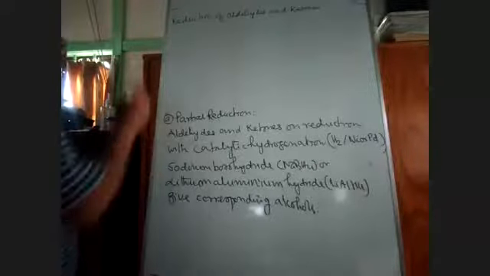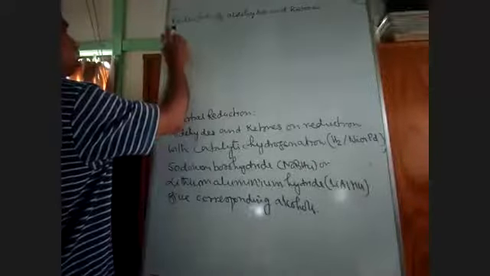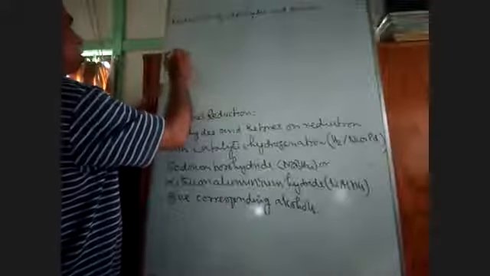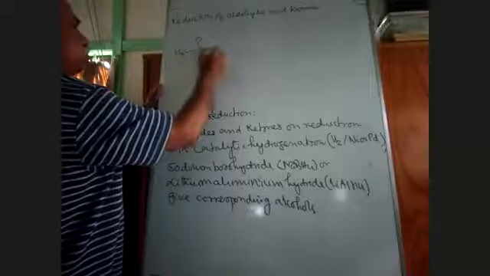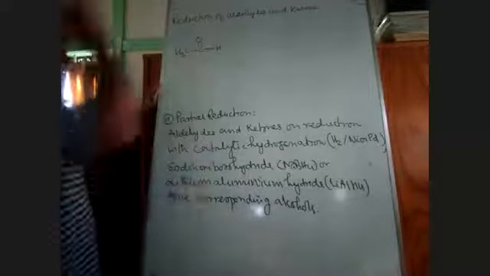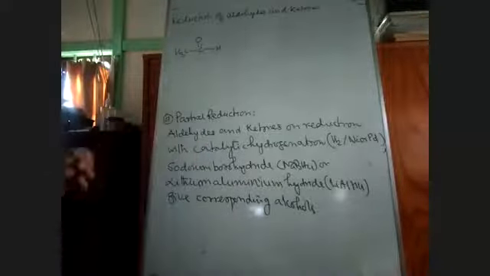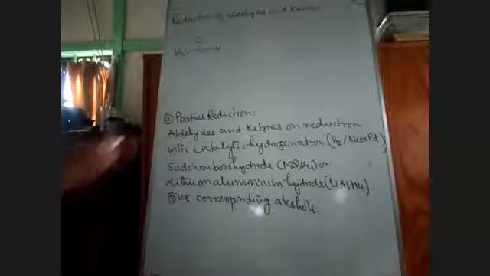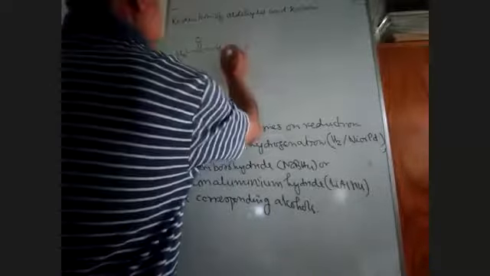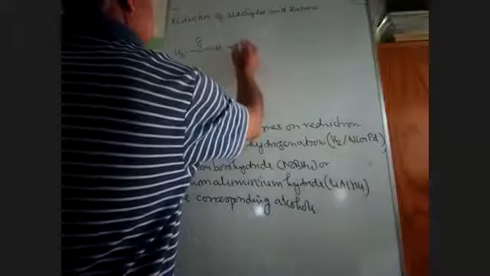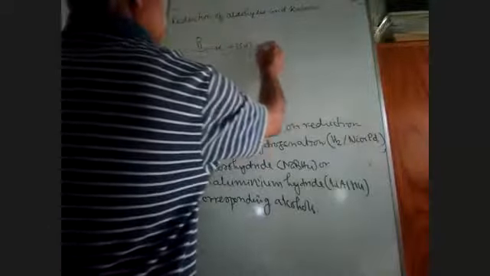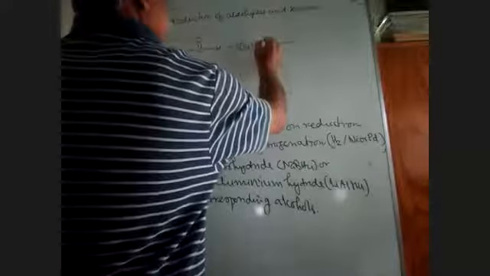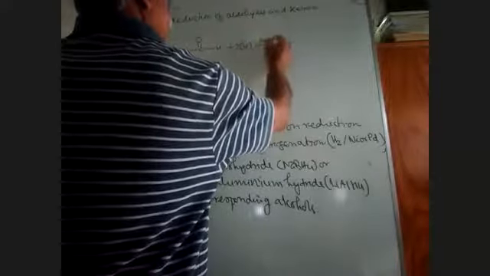So I can write now. I have taken acetaldehyde here. So I can use all these reagents, okay? Instead of writing them separately, I'll try to write it like this. I'll write 2 hydrogen here, and here I'll write the condition H2 with nickel.